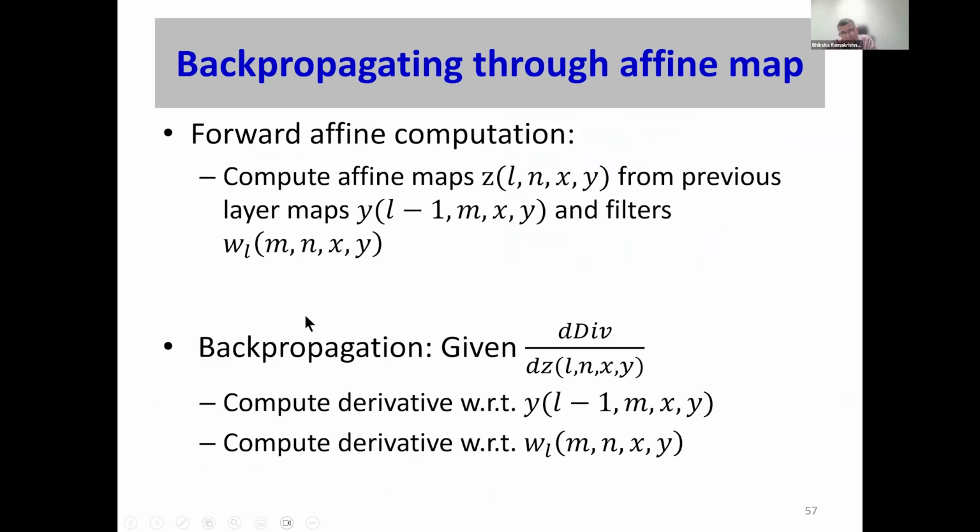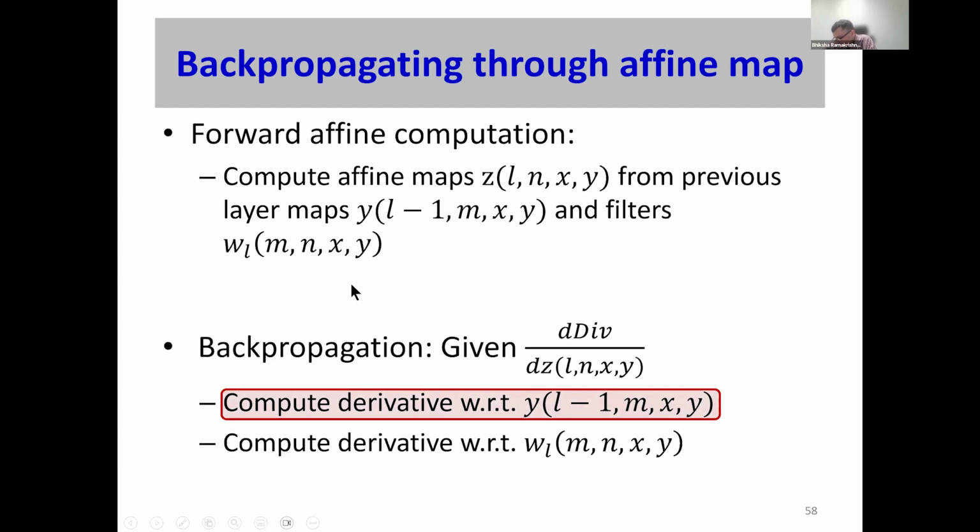During the forward computation, we computed these affine values from the previous layer maps and the filters. So during back propagation, given the derivative with respect to z, we must compute the derivative with respect to y and the derivative with respect to the filters w. Let's see how we can do this.